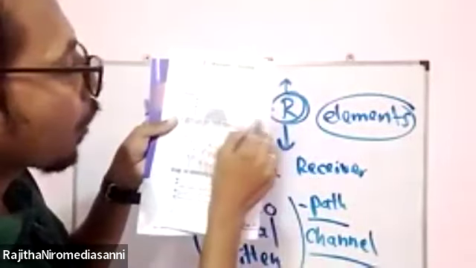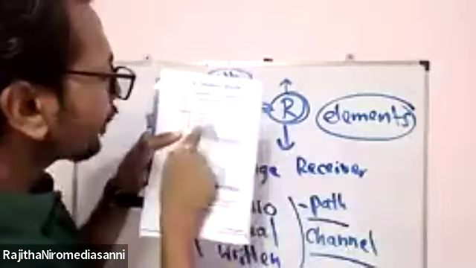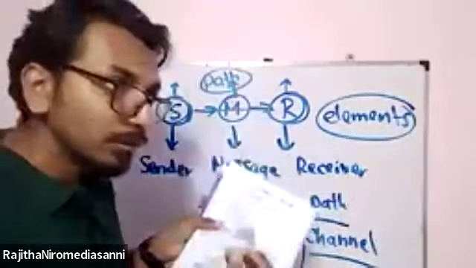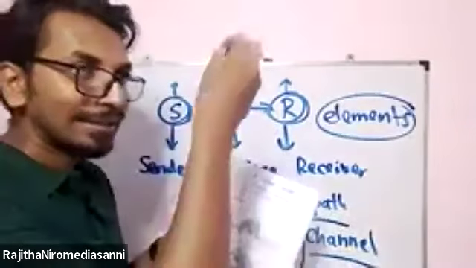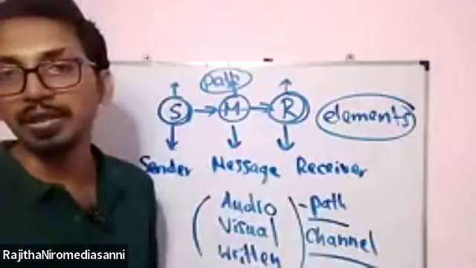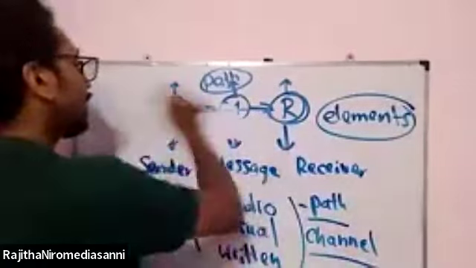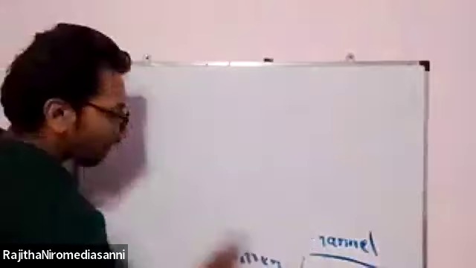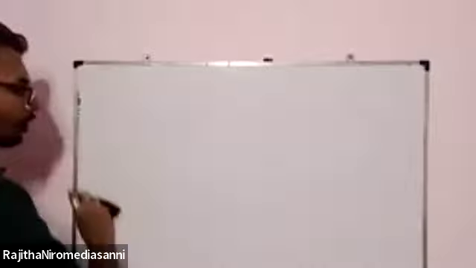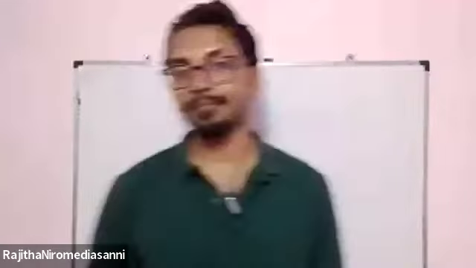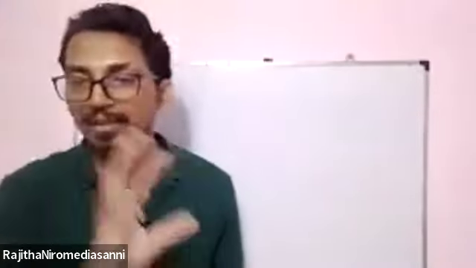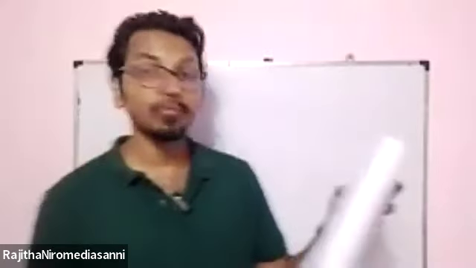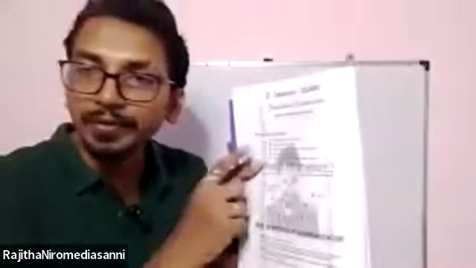Please write down these names in your writing book. Main four elements: sender, message, receiver, and channel or medium. Right? Then let's go to the next part.